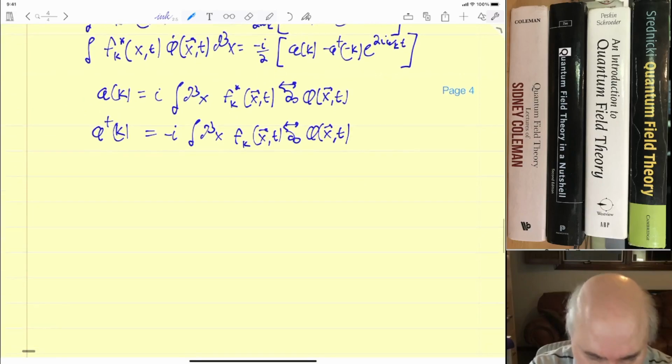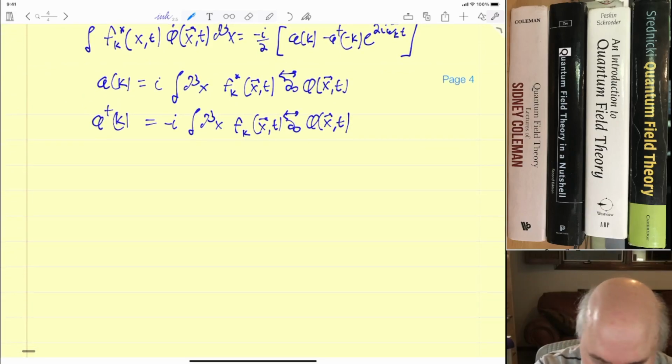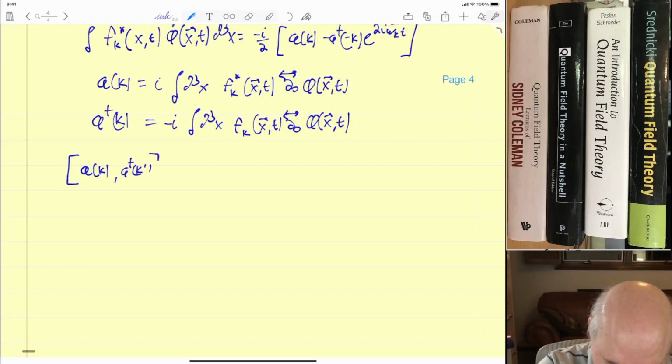Now, all the books do this, Sudnicki does it, everybody does it in a certain way. We can compute what we want to compute. See, when we did the bottom-up approach, we sort of started with knowing what this was. Here, we're going to just compute it. I'm just going to write it down.